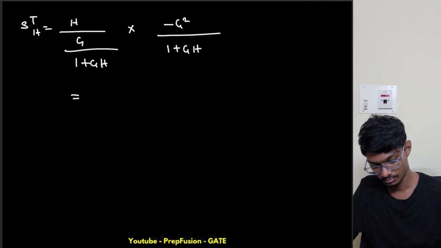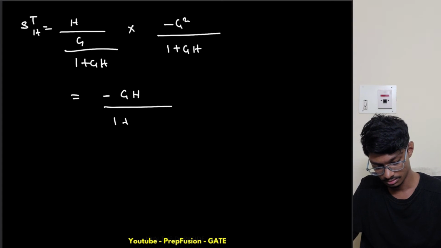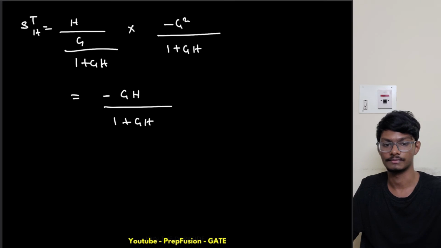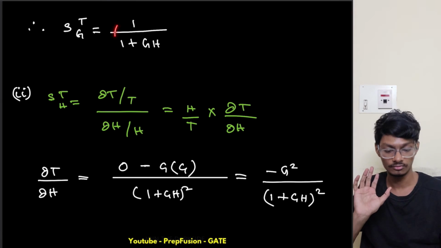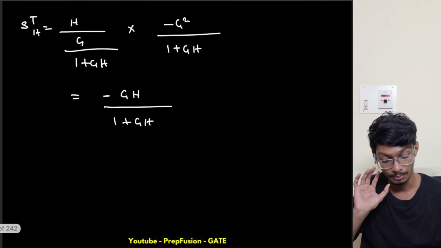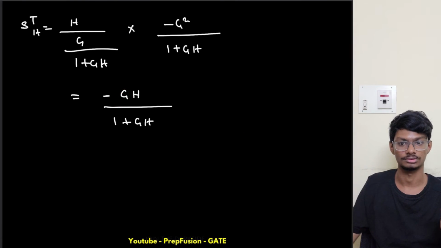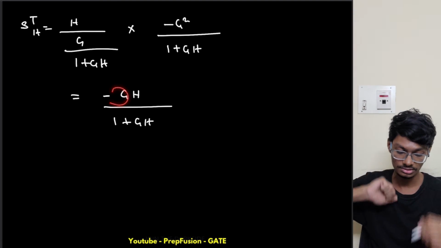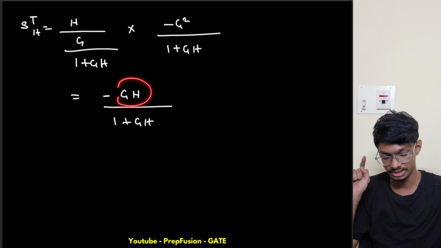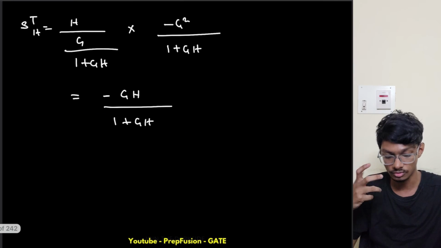So it comes to minus of gh upon 1 plus gh. What do I see? This is only 1 plus gh, and the minus you can ignore, negative sensitivity or positive sensitivity, it doesn't matter, it is sensitivity. So it is g times this, gh times 1 by gh.